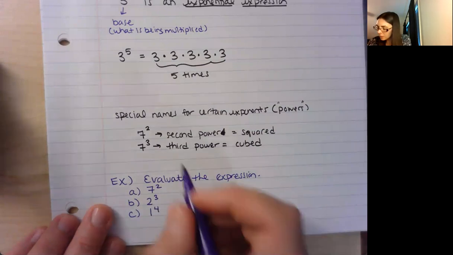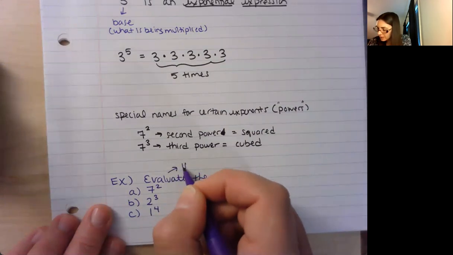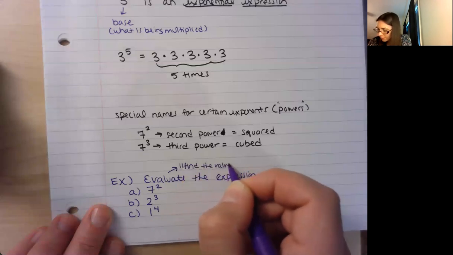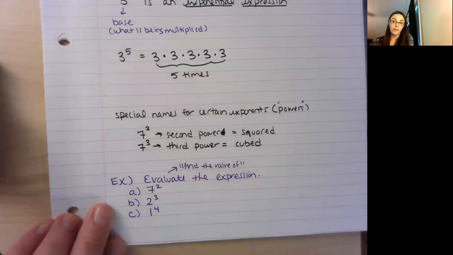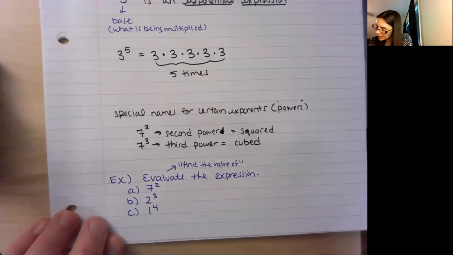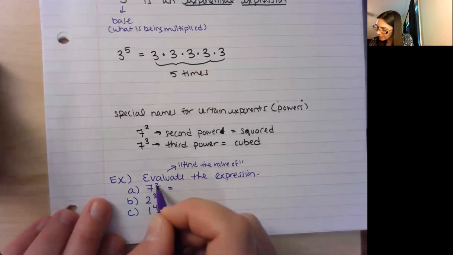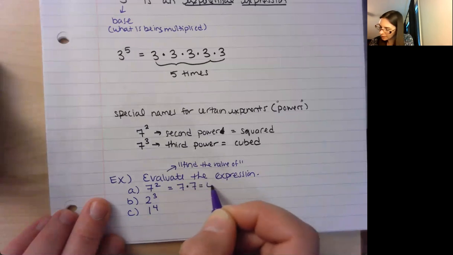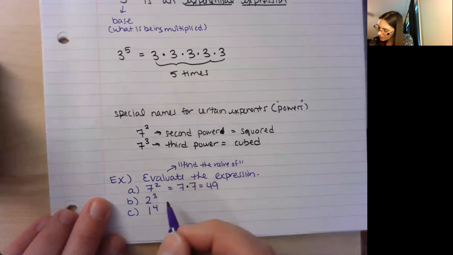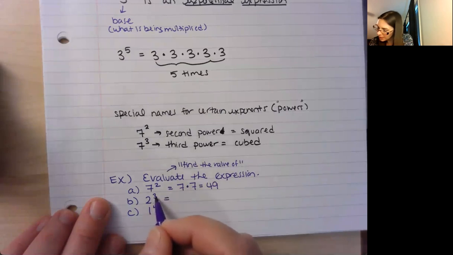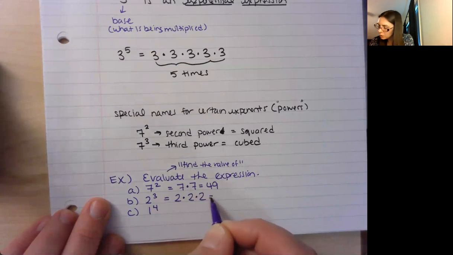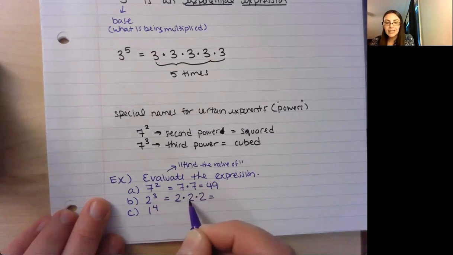Now, evaluate means to find the value of. Okay, so evaluate, the word value is right there. So 7 squared means to take that 7 and multiply it out twice. 7 times 7 is 49. 2 cubed means to take that 2 and write it out 3 times. 2 times 2 is 4, times 2 is 8.